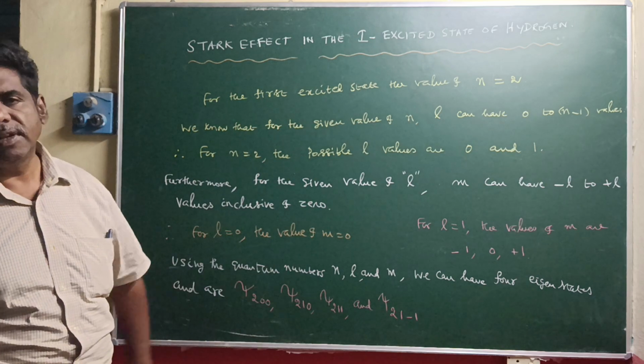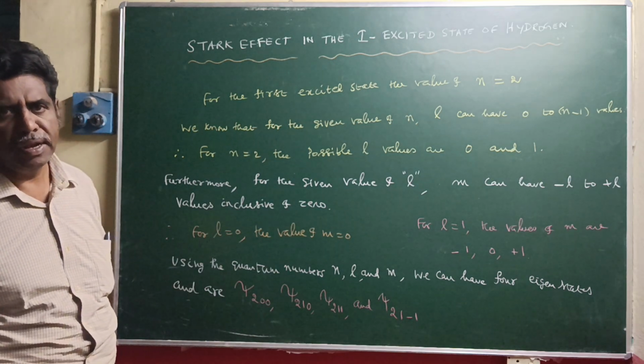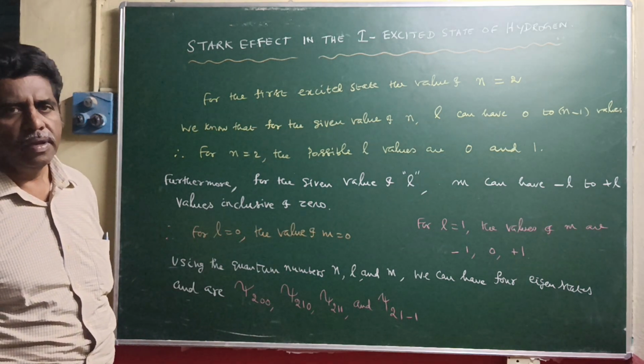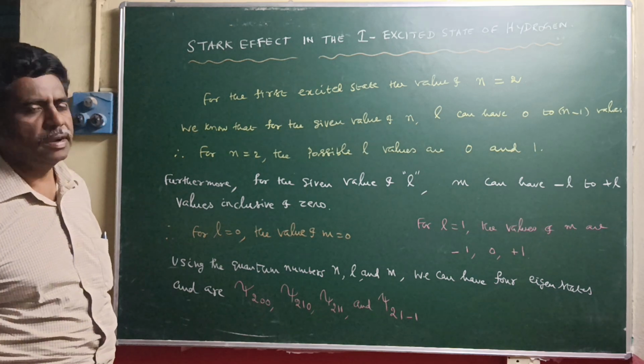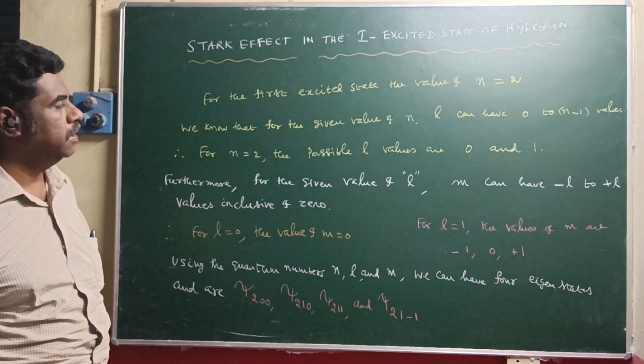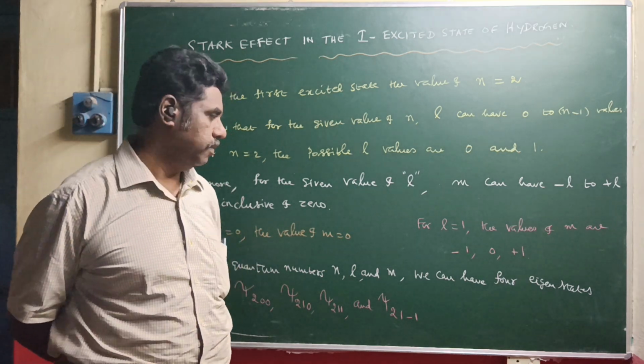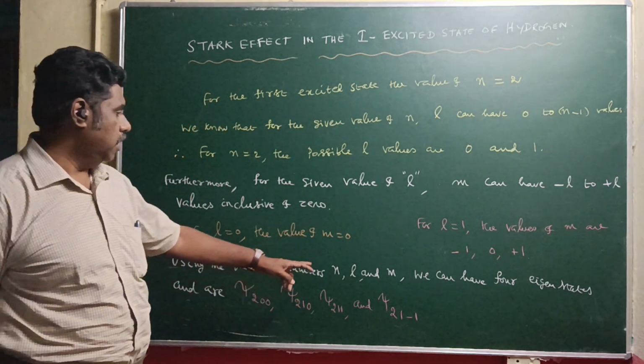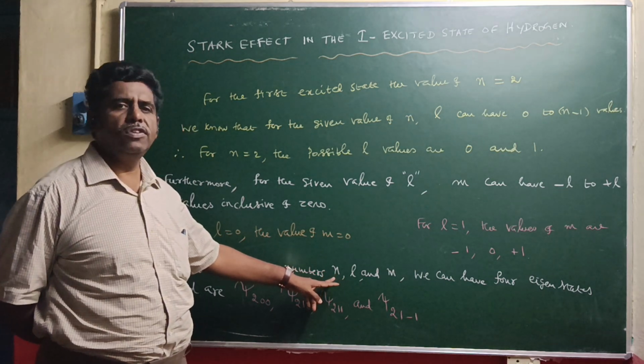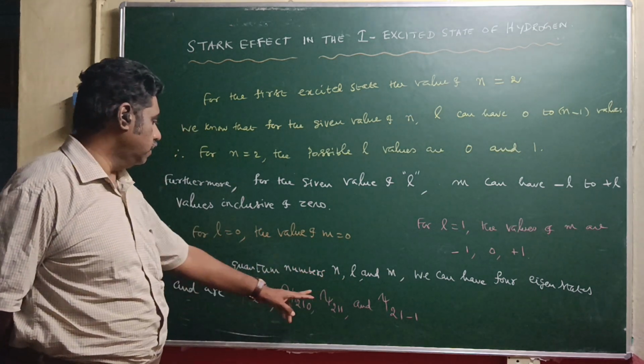With the help of these three quantum numbers, n, l and m, we can construct our eigenfunction, because the eigenstate is given by psi n l m. Here the principal quantum number n is equal to 2 in all the cases.